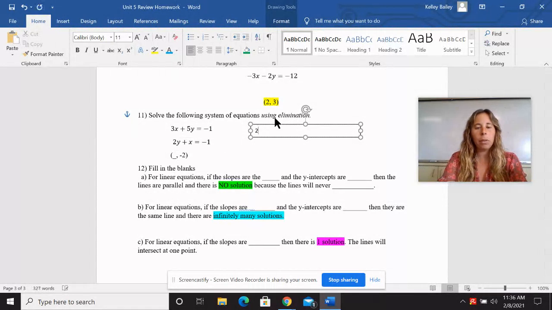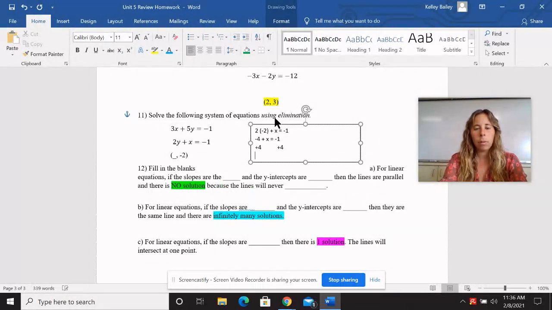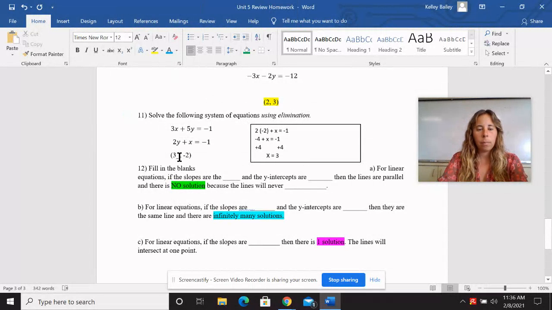So I have 2 times y, which is -2, plus x equals 1. -4 plus x equals 1. And then we're going to add 4 to both sides. So you get x equals 4 plus 1, which is 5. All right, so there is your answer.